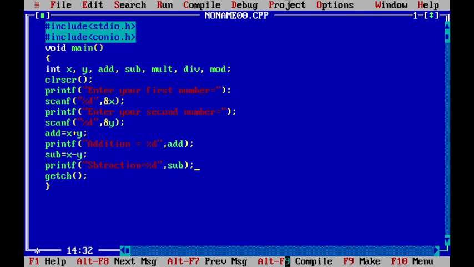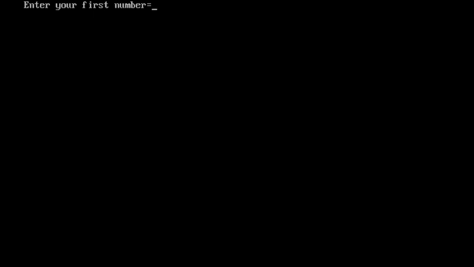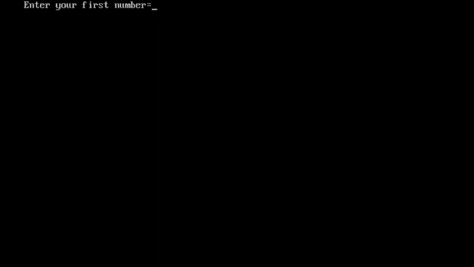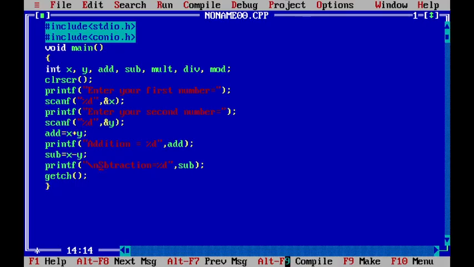Now if we compile, 0 errors, and if we run, enter first number 3, second number 7, then addition is 10 and subtraction is -4. We want to use a new line here for subtraction. Now if we run again with 3 and 7, you will get addition is 10 and subtraction is equal to -4.